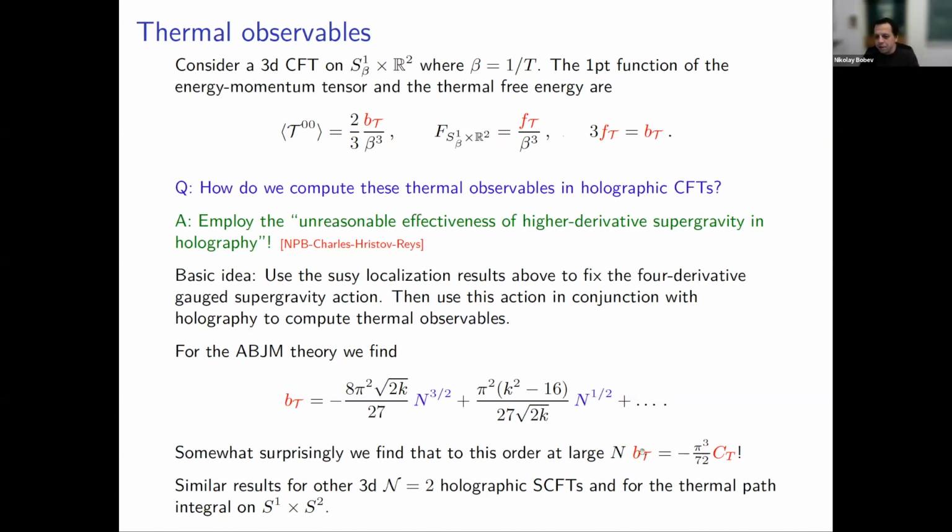I don't understand why, but there is a very nice paper actually by Petkou from 30 years ago, who took the O(N) model at large N and computed essentially what I call CT and BT, to leading order in 1 over N. And already there, using usual Feynman diagram rules, he saw that these two things are not equal. So it is certainly not a property of general CFTs, even at large N.